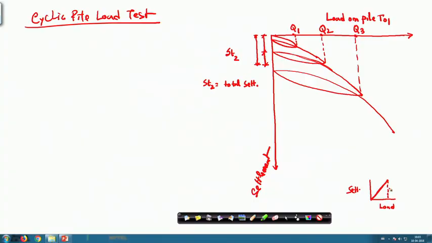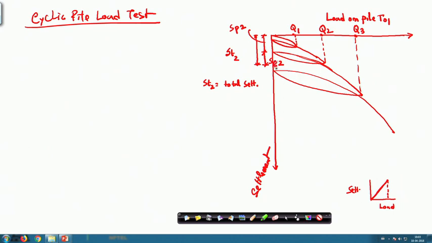So, the total settlement has two parts: the plastic settlement and the elastic settlement. Here SP2 is the plastic settlement and SE2 is the elastic settlement, which is recovered.